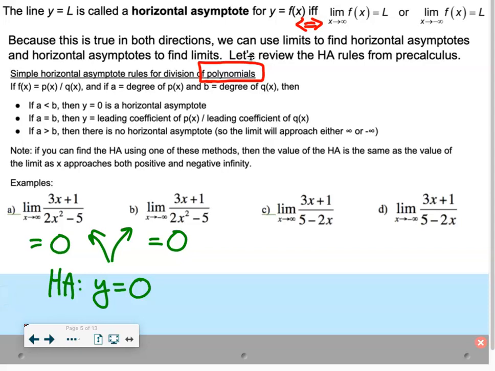All right. Let's see. Emma. Hi, Emma. What'd your group get for C? -3 halves. Okay, first tell me what you noticed about the degrees. They're the same, right? Degrees the same, top and bottom. 1, 1. Good. So how did you get -3 halves?